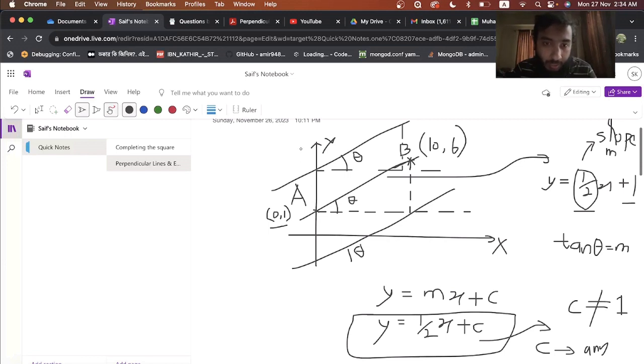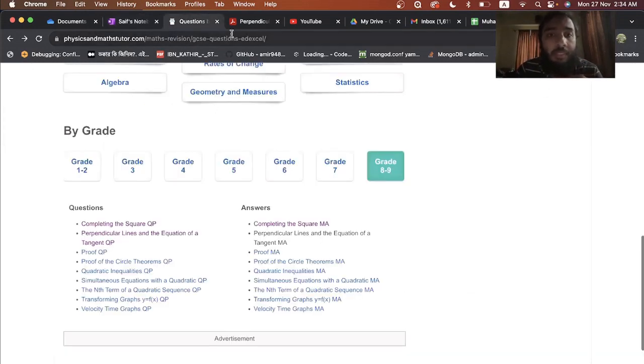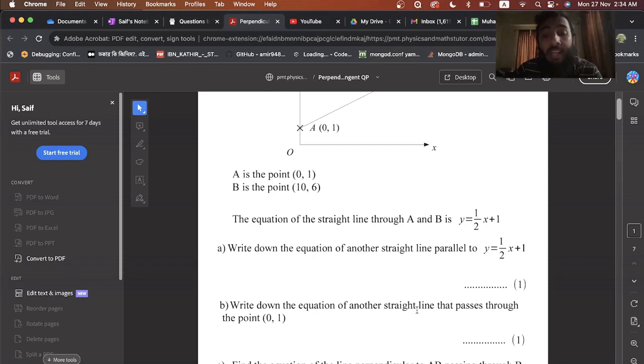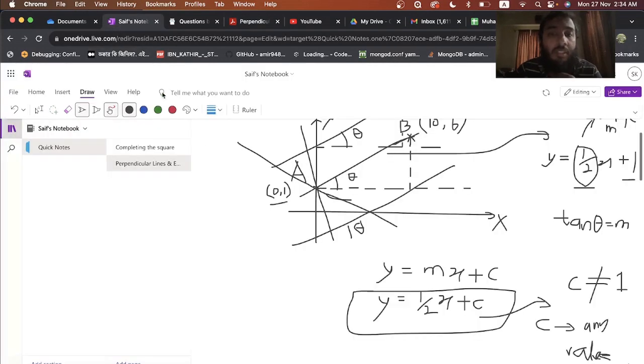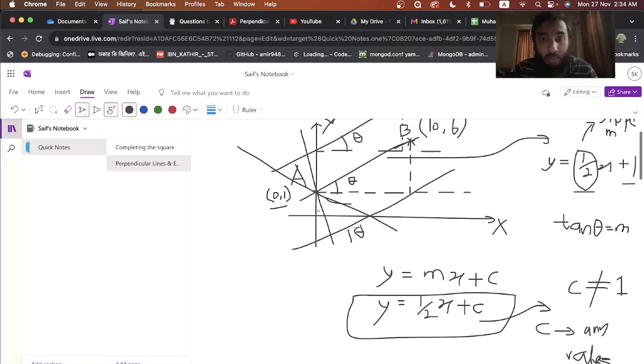It can be any line that passes through this point A. For example, it can be something like this, or something like this, etc. It can be any straight line that passes through this point. So I have to find the equation of another straight line that passes through the point A. Any straight line through A might have different slopes, right?